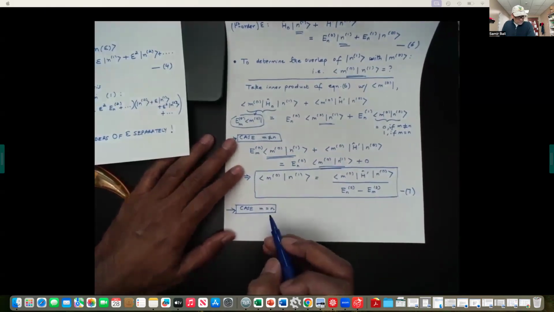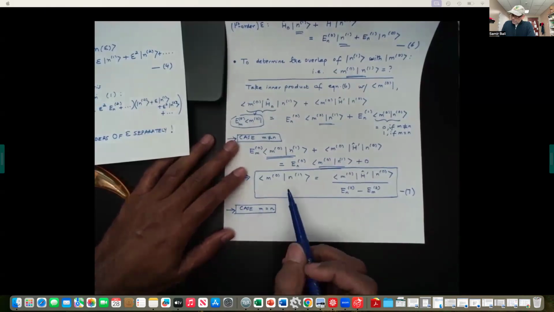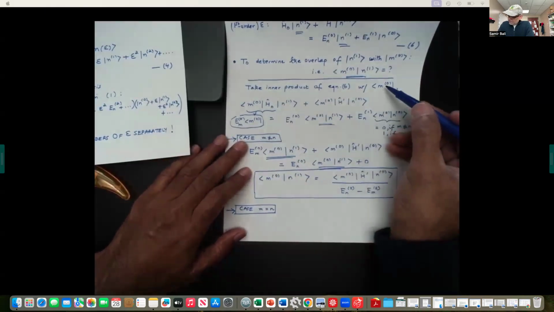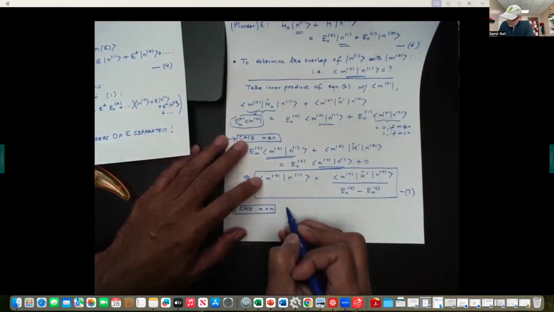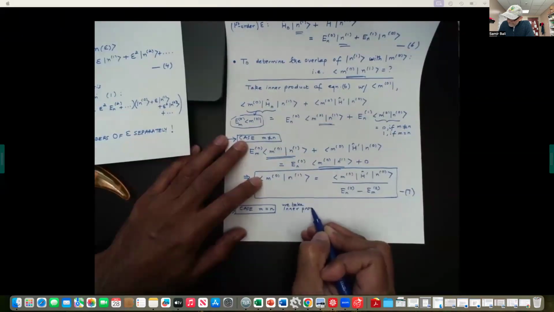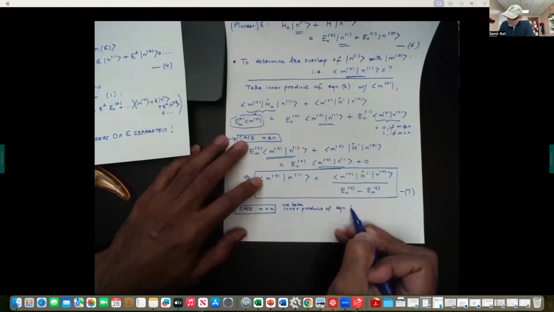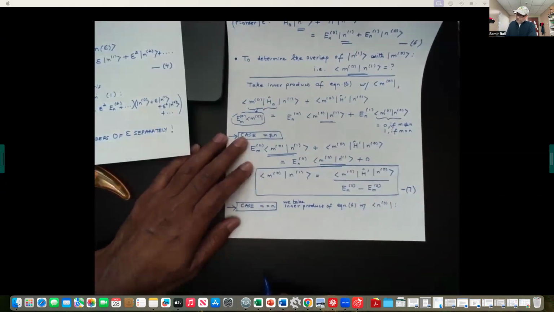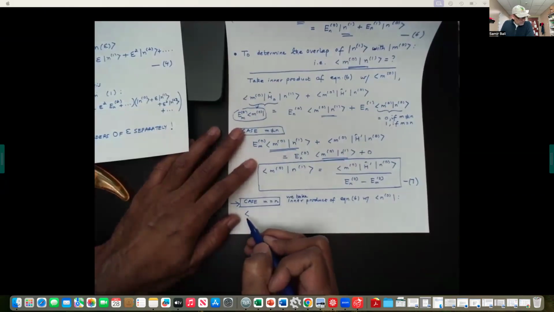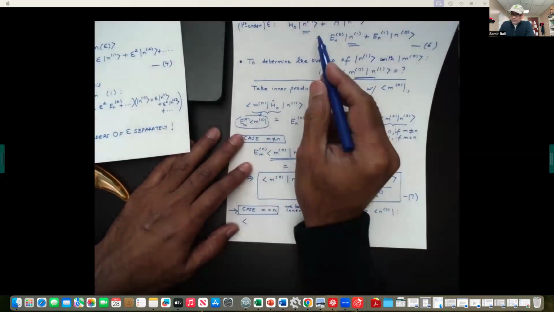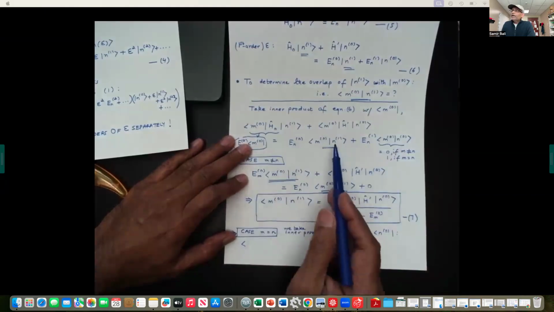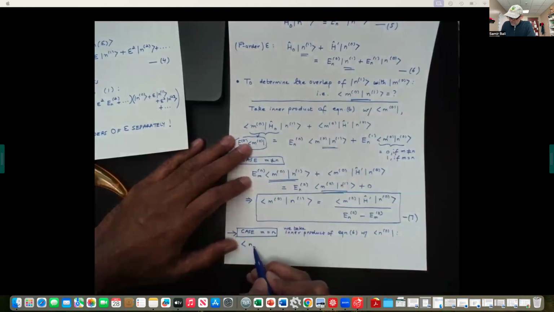Okay, so in that case, we're still taking the inner product of equation 6 with m, but now we're taking it with n naught, because n and m are the same. Okay. And so what do we have on the left hand side? So equation 6 is given right up there, right? Equation 6 is right there. So just like we did over here, same idea.